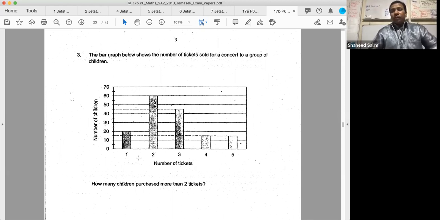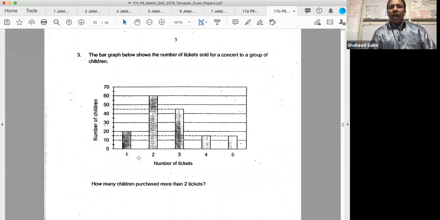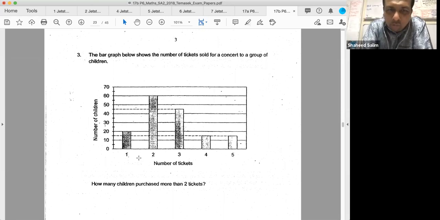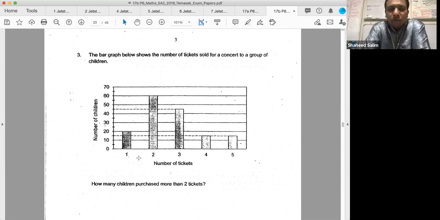This question is not difficult for you. Rahana, what for you? I get 95. Explain to me. 60 plus. But why include 2? They say more than 2. Not 2. I got 145. No. More than 2.